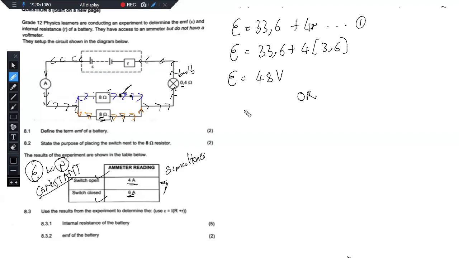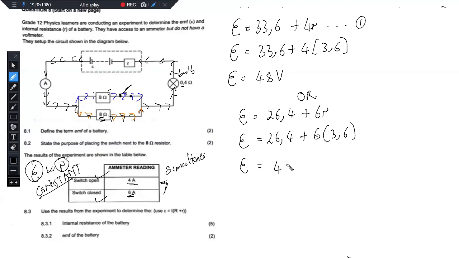Or if you had taken equation number 2, you could have said 26.4 plus 6r. Again, it's 26.4, and where there's r, you substitute the 3.6. When you punch into your calculator, you get 48 volts.